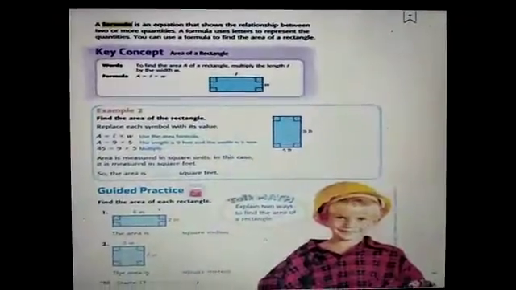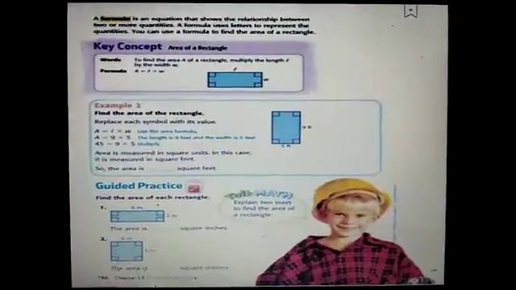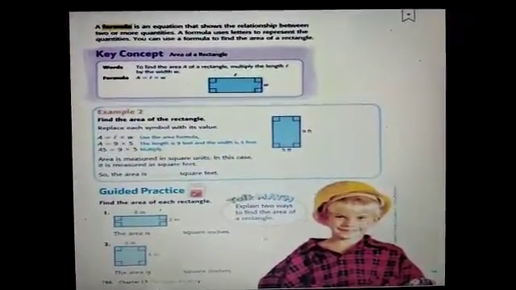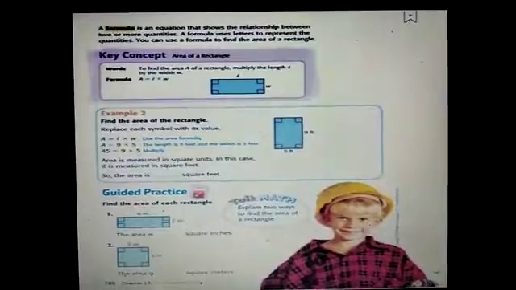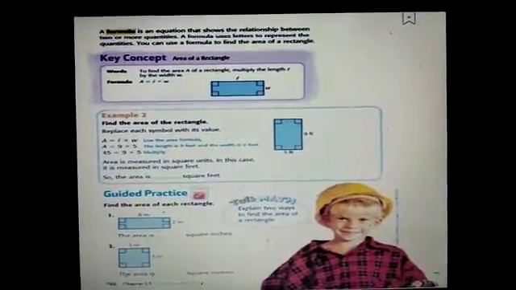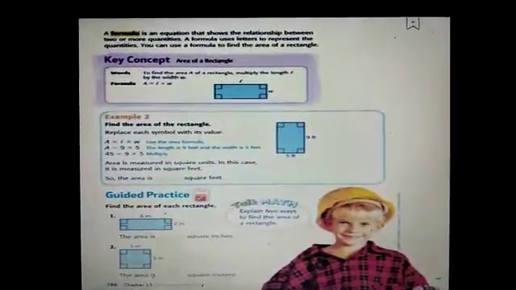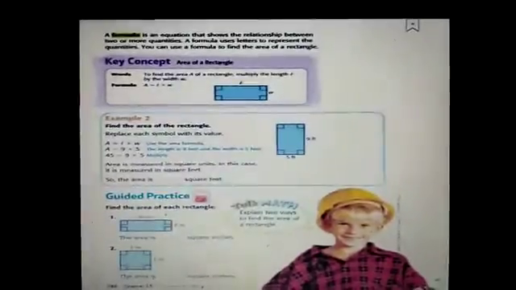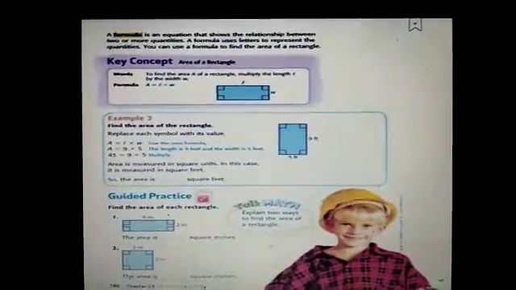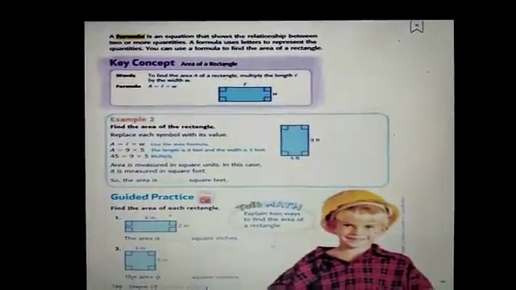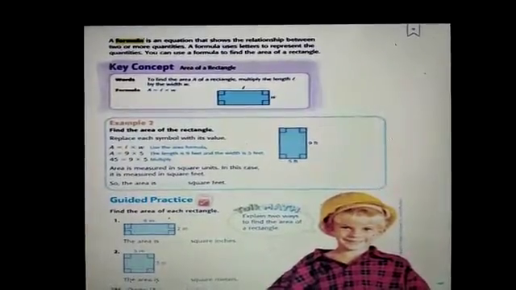I think our lesson today is so easy. A formula is an equation that shows the relationship between two or more quantities. A formula uses letters to represent the quantities. You can use a formula to find the area of a rectangle.